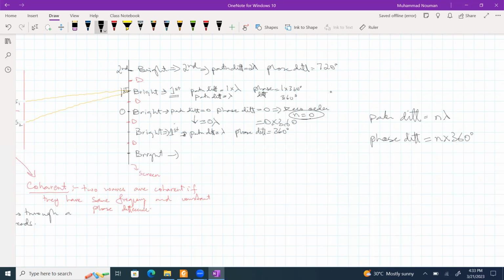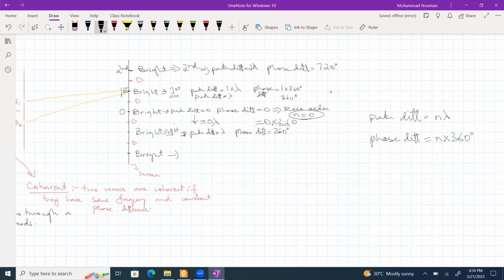So that's the reason why the brightness of the bright fringes will be decreasing. Anyway, I hope you understand the calculation part. If it comes like third order, its path difference is 3 lambda and its phase difference is 3 times 360, and this goes on and on.